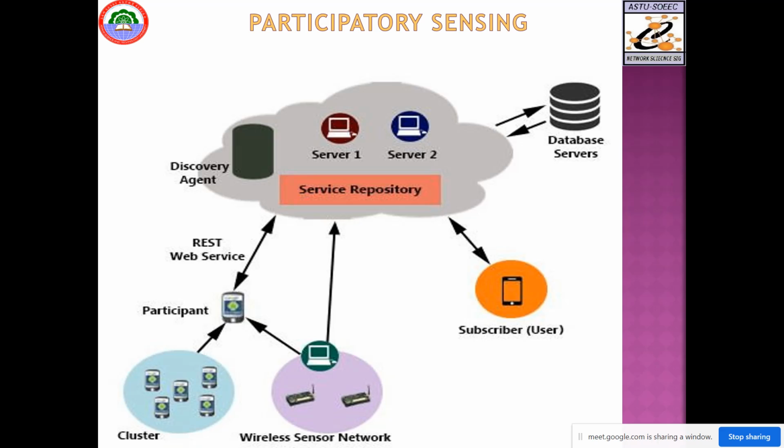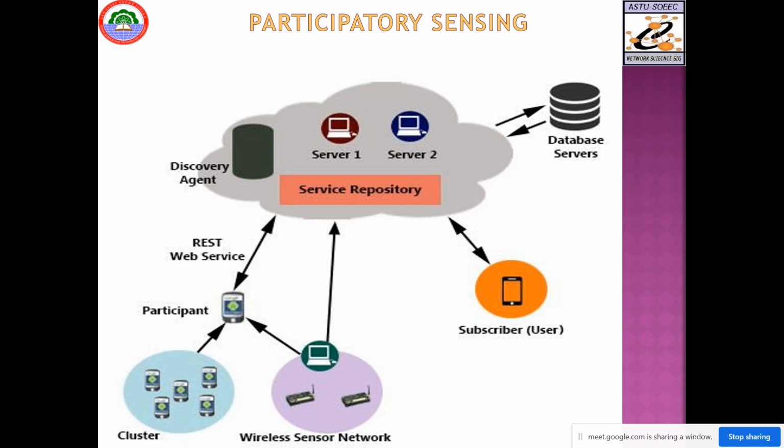So when we come to the first one, participatory sensing, we can observe from this slide that there are various servers and database servers, and there is a web service. There are so many participants. We have a cluster, a sensor network, and a user. Here it is a participant.